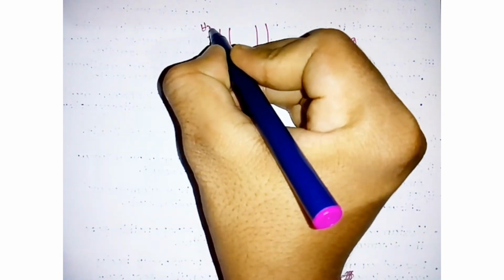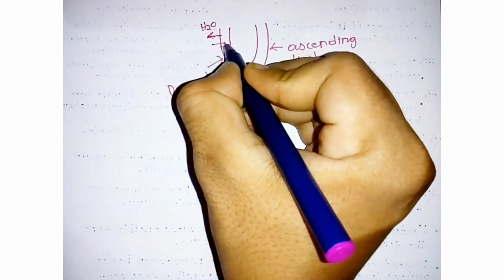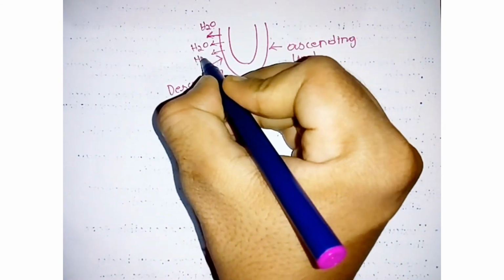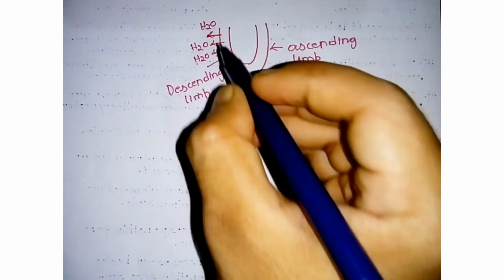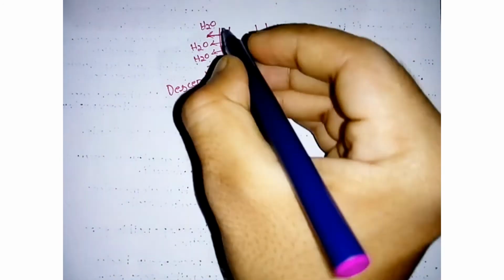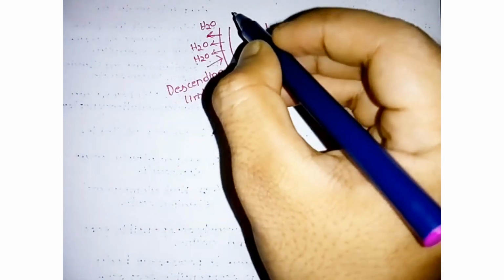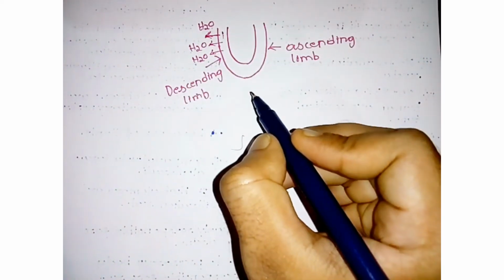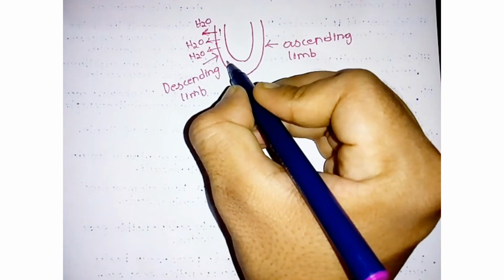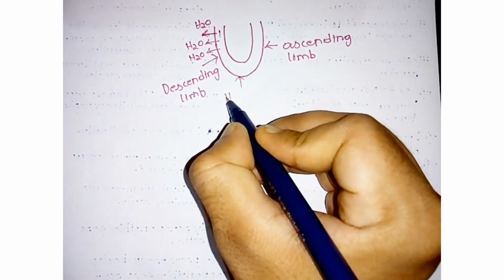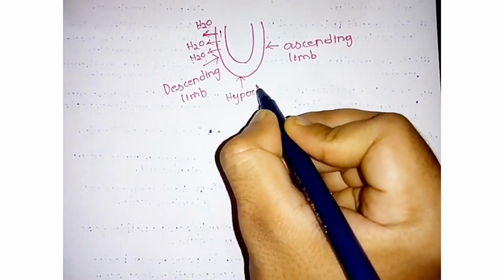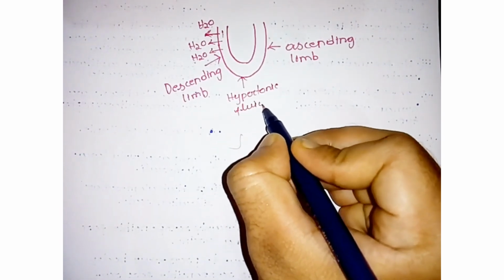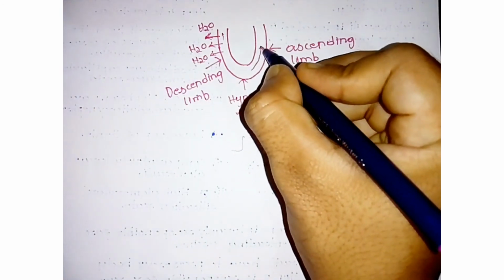Water moves out from this tubular part of the nephron, and due to removal of the water, the concentration of the filtrate increases. So concentration increases, and here is the high concentration, hypertonic fluid. This hypertonic fluid moves through the ascending limb.